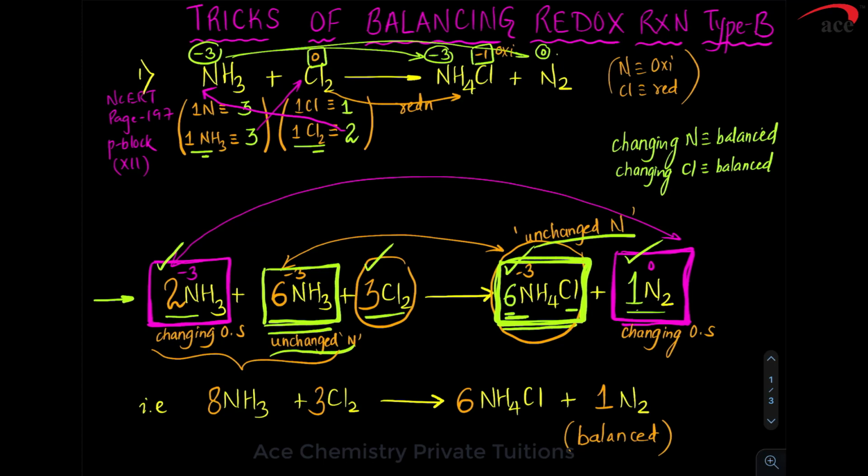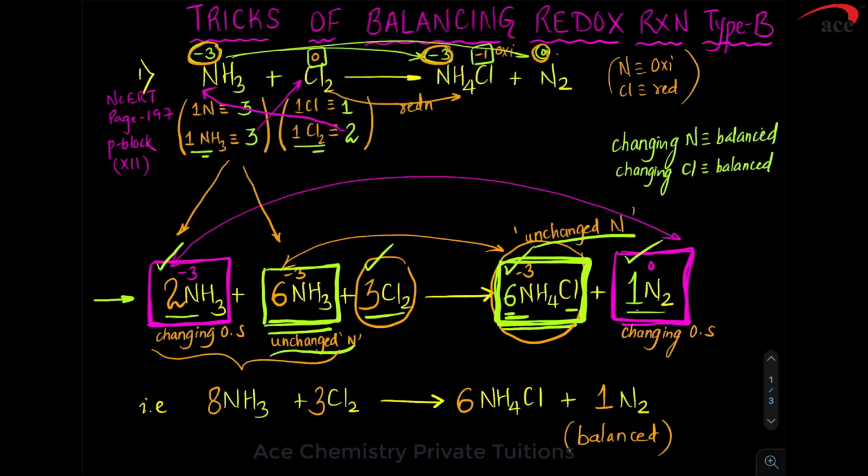So what was the trick of balancing it? That ammonia was written 2 times. Why was ammonia written 2 times? Because ammonia, or the nitrogen associated with it, was giving one compound with the same oxidation state and the other with a different oxidation state.